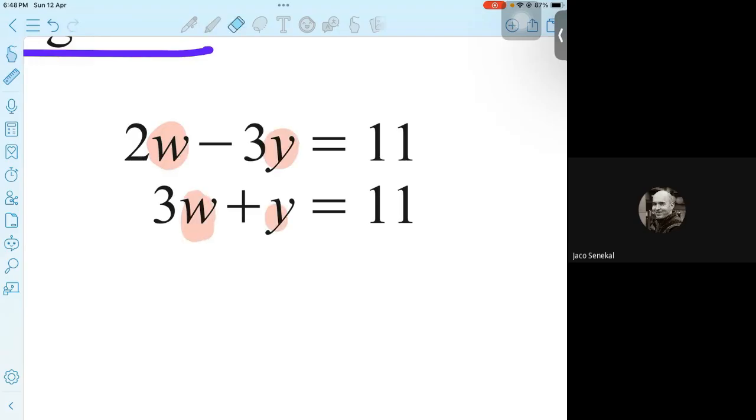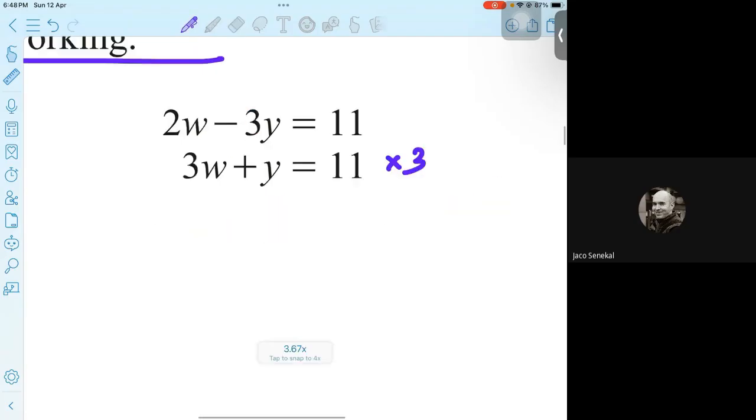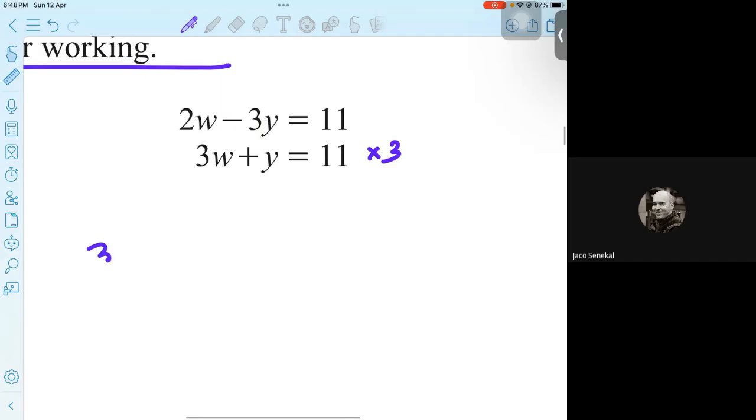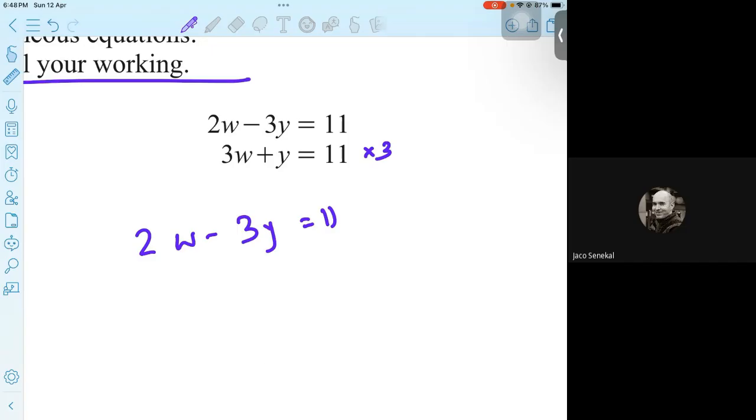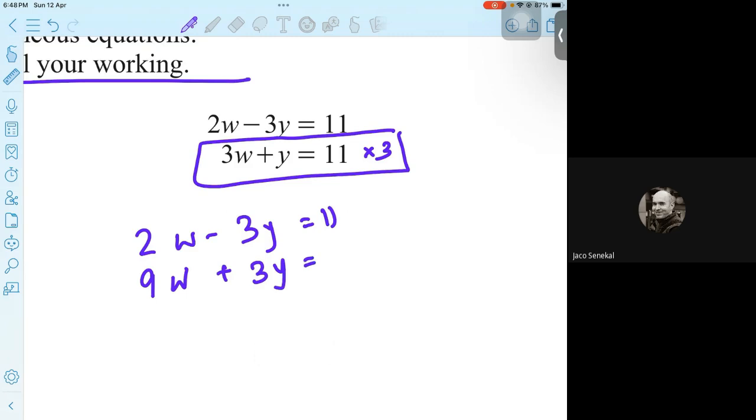The most simple one I can see is this 3 and this 1, right? So if I multiply this equation by 3, I would have 2 equations. One of these is 2w minus 3y equals 11, the first equation. And the second one, by multiplying this by 3, I would have 9w plus 3y equals 33. Are you all with me?